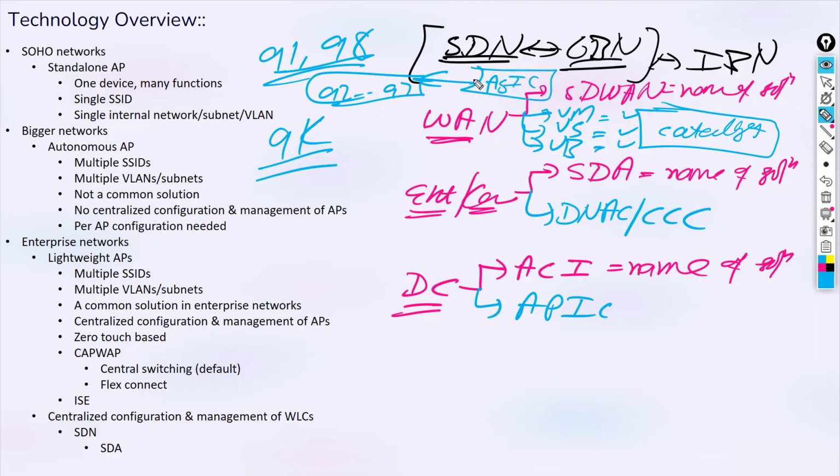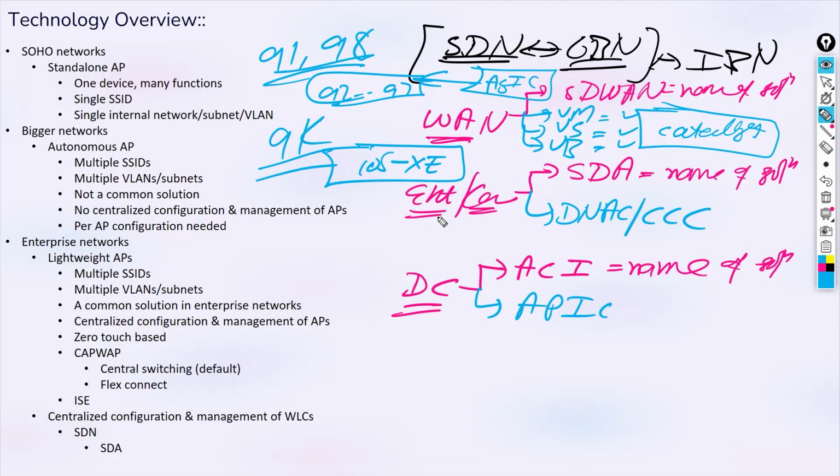Only the devices having this necessary hardware can support the SDN functionality, and my software should also be capable of supporting the programmability, IOS XE based. We'll get into all the hardware and software details once we start the SDA part.